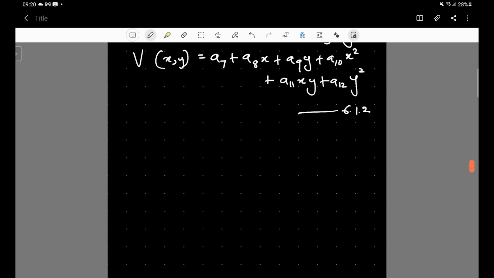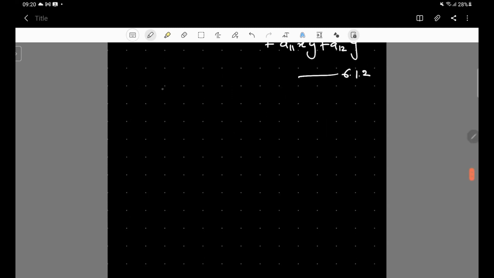Whenever we have a constant term, or if we are thinking in terms of a constant shape function or constant displacement function, we have only one term. Of course, the degree of the polynomial is 0.